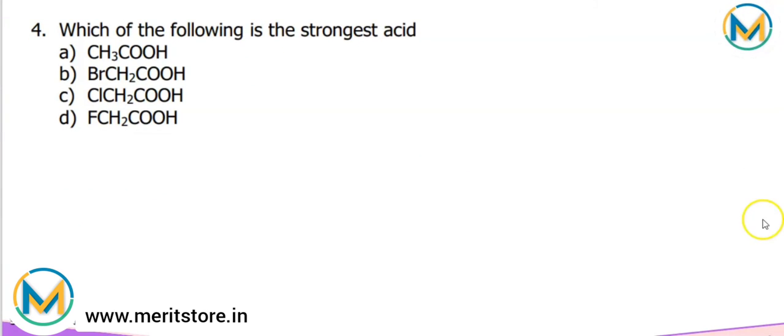So since we know that electronegativity of an element, that is the tendency of an atom to attract electrons towards itself, is called electronegativity. And we know that electronegative group strength is directly proportional to the acidity.